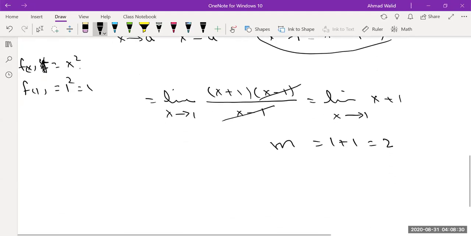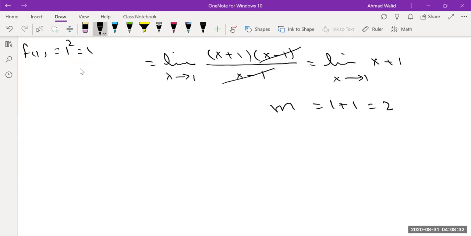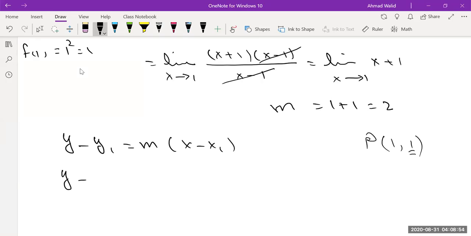The slope of the tangent line is how much? 2. Now, I will use my formula, y minus y1 equals m times x minus x1, and I can write the equation of the tangent line really, really easily. y minus y1. You had a point (1, 1). This is your y1, right? That means y minus 1 equals m. How much is m? You already found it, 2.